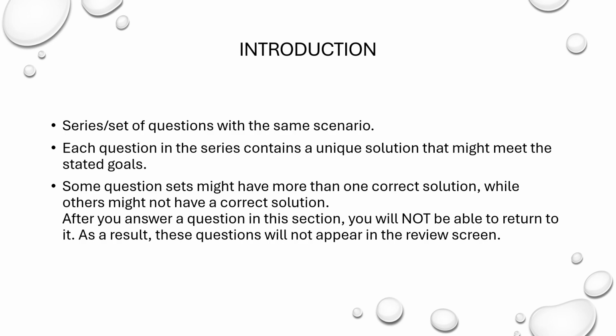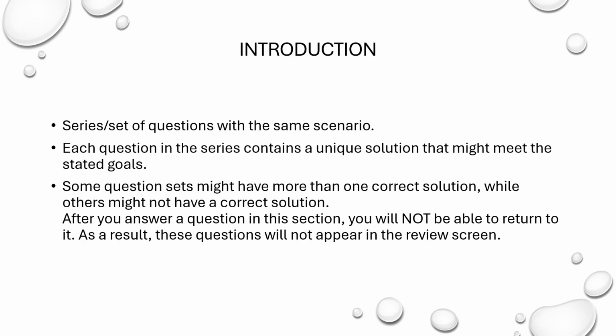Now to the format of the question. There will be a series or set of questions with the same scenario. Each question in the series contains a unique solution that might meet the stated goals. Some question sets might have more than one correct solution, while others might not have a correct solution. After you answer a question in this section, you will not be able to return to it. As a result, these questions will not appear in the review screen.